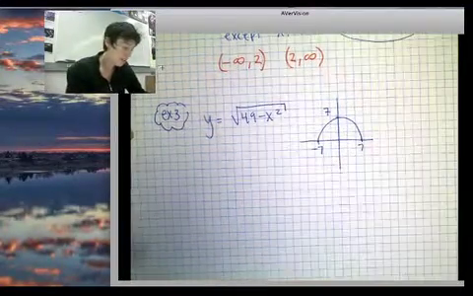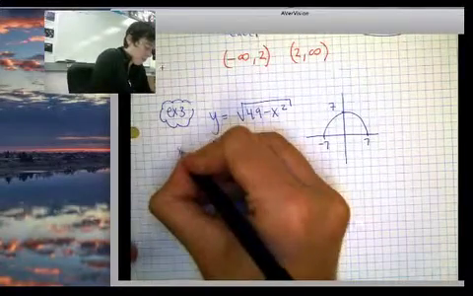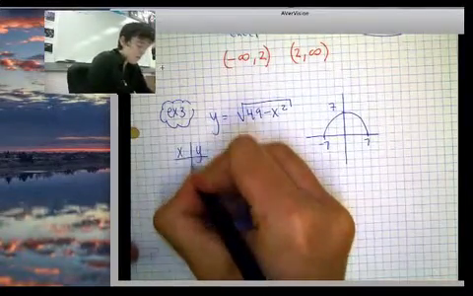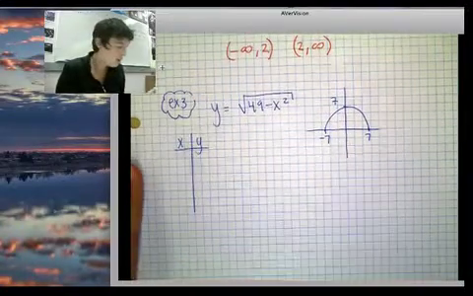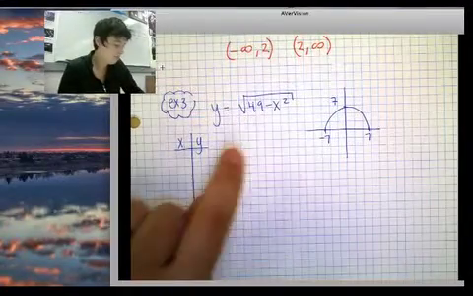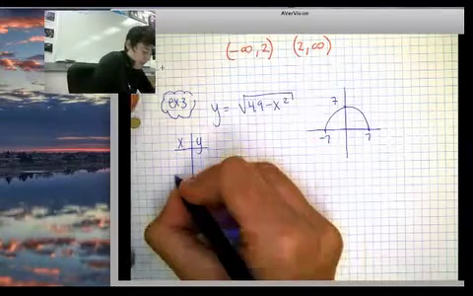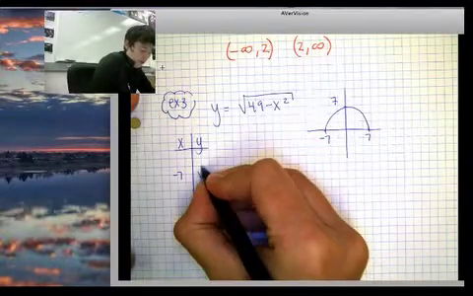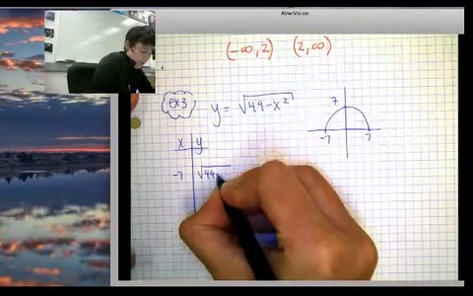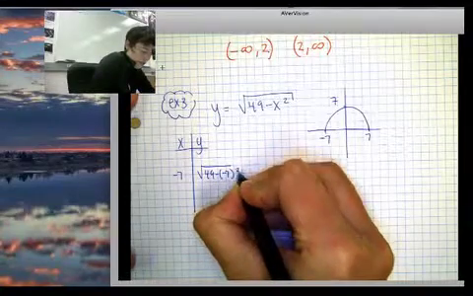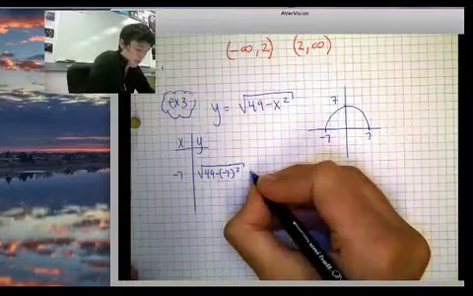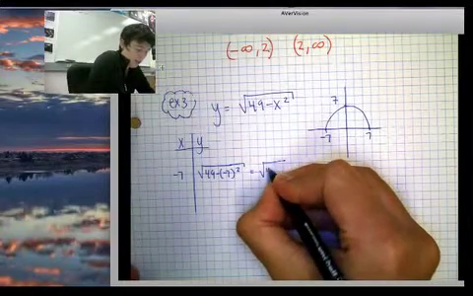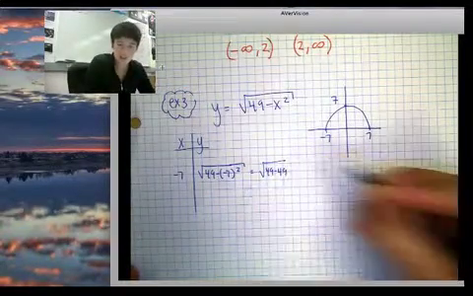And if I was going to make a little XY table and plug in some points, think about the things that you can't plug in. I know I can plug in -7, because -7 would be square root 49 minus -7 squared. So think about what that is. -7 squared is 49. So we have square root 49 minus 49, which is 0.